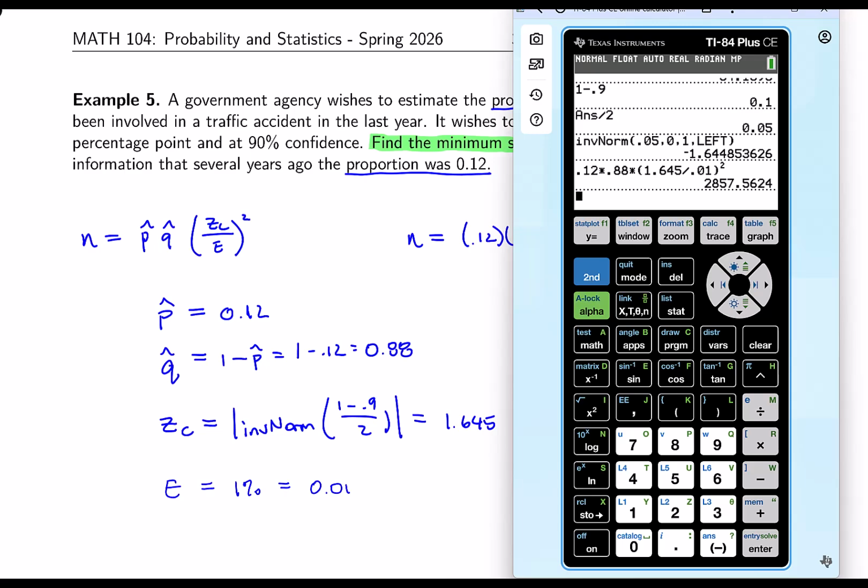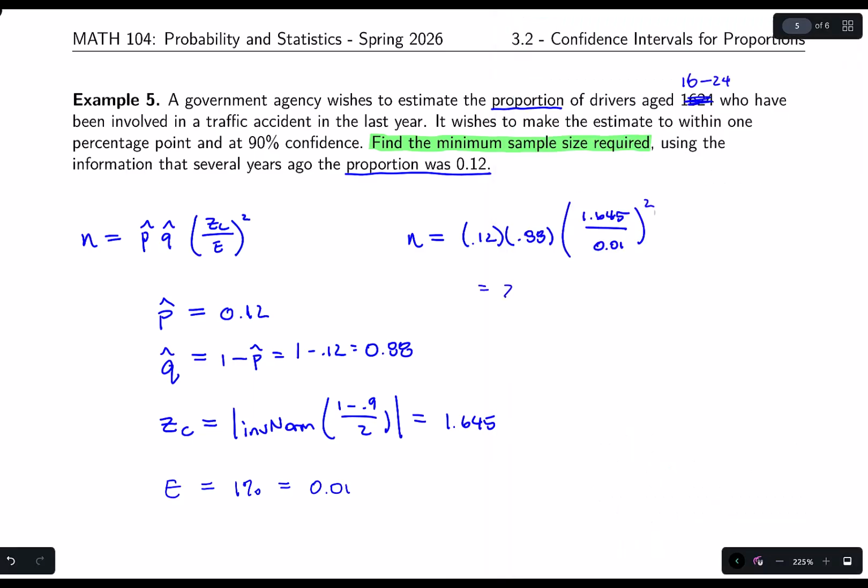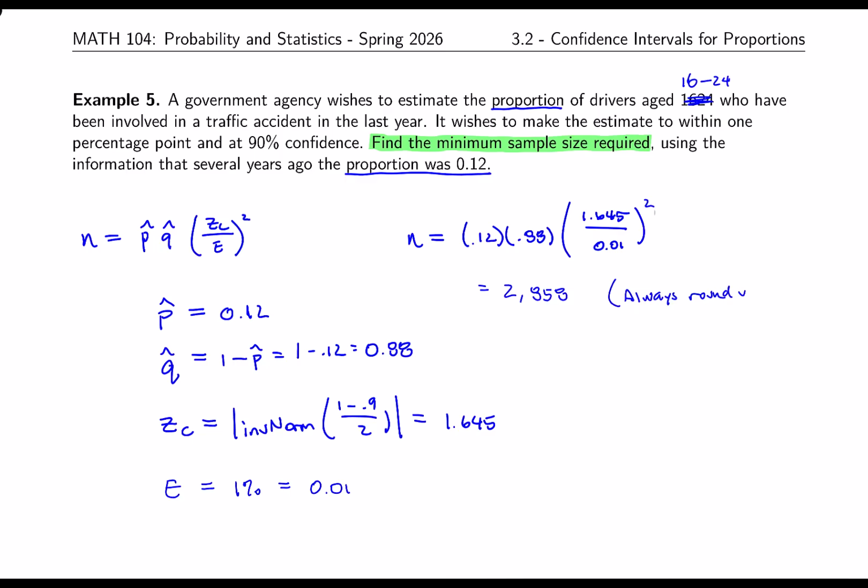All right, so 2,857.56. This is a time where we always round up. I'm going to round here to the nearest integer because we can't include 0.56 of someone. So we'll always round up: 2,858. So 2,858 people need to be in this study. Just as a reminder, you always round up for these things.